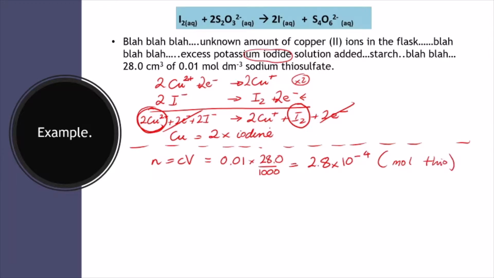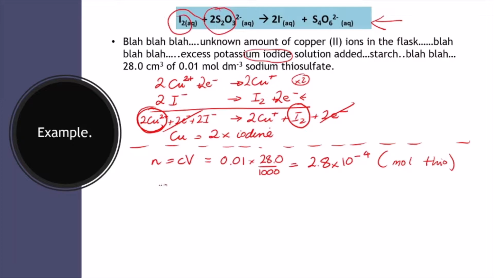Now we need to look at the blue equation up at the top there, because this is the actual titration equation. When we look at this one, you can see that you need 2 moles of thiosulfate to react with 1 mole of iodine in the flask.